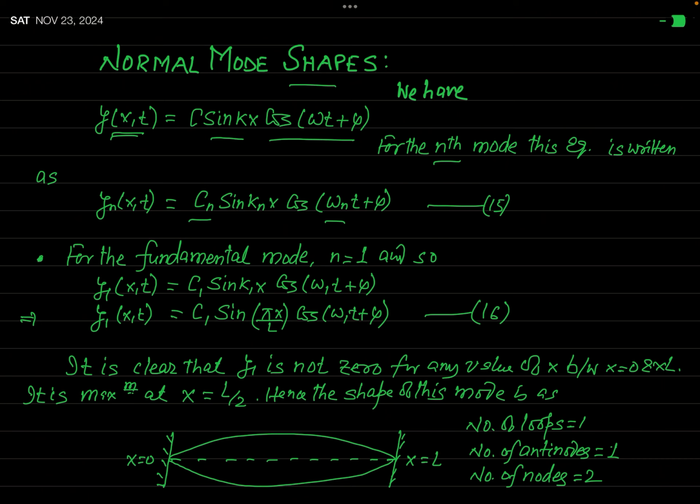Now if you want to find the shape of the fundamental mode, then you must take n equal to 1, because you know for the fundamental mode n is equal to 1, and therefore this equation 15 for the fundamental mode can be written as y 1 of x,t equal to C 1 times sine k 1 x times cosine of omega 1 t plus phi.